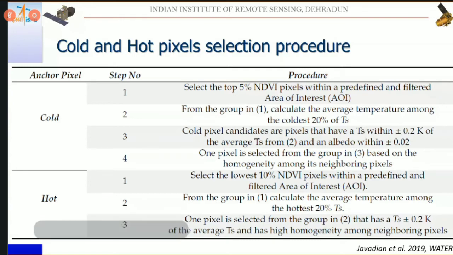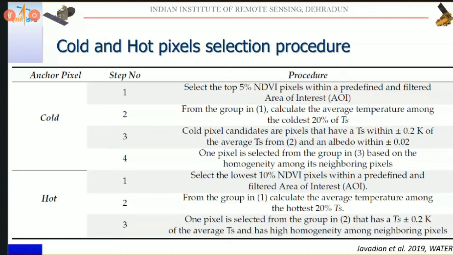So within our area of interest, we define the top 5% NDVI pixels and calculate the average temperature among the coldest 20% based on TS. TS is the land surface temperature. So using that, we choose the coldest 20%, and within this we have to make a range of plus minus 0.2 degree Kelvin with the average land surface temperature, and albedo within a range of plus minus 0.02.